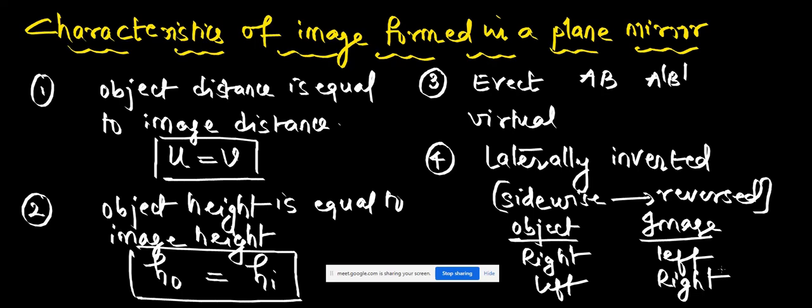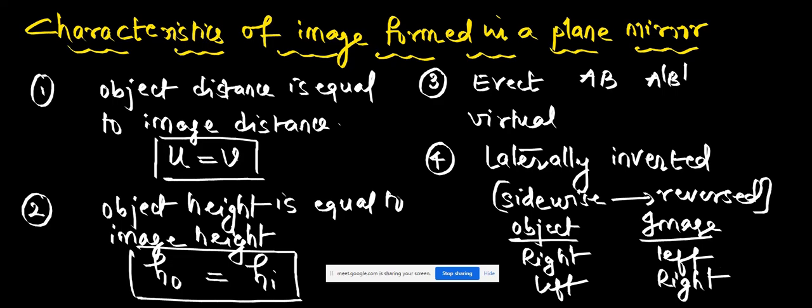That is the meaning of lateral inversion. Suppose you stand in front of the mirror, for you it's the right hand. If you go to the image direction, it will be on the left side. So the right side of the object becomes the left side of the image, and the left side of the object appears like the right side of the image.